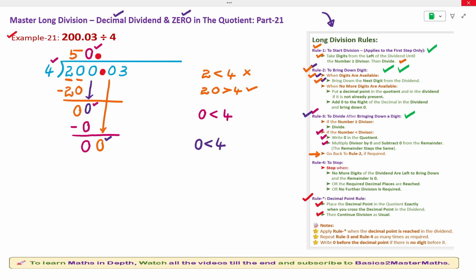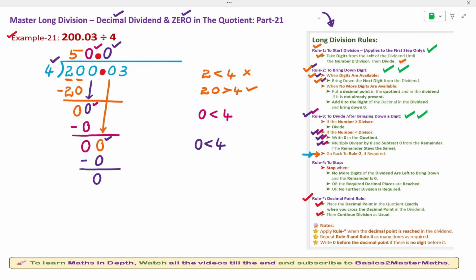So, as per rule 3, if the number is less than the divisor, write 0 in the quotient, then multiply divisor by 0 and subtract 0 from the remainder. 4 zeros are 0. So, you will get 0 as the remainder again. Now, rule 3 is complete for the second time.